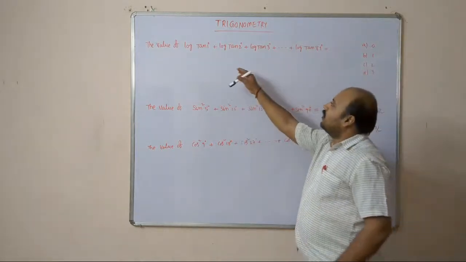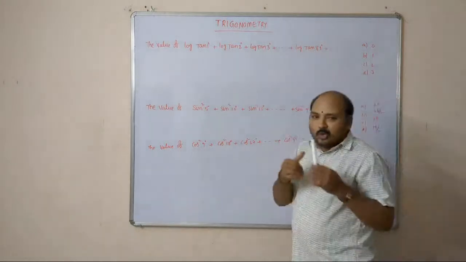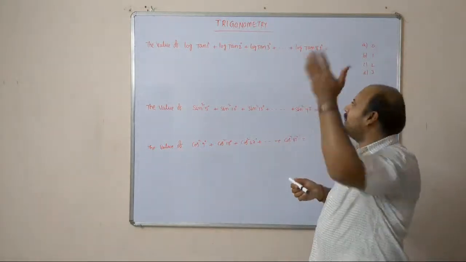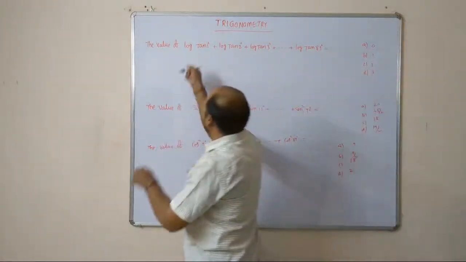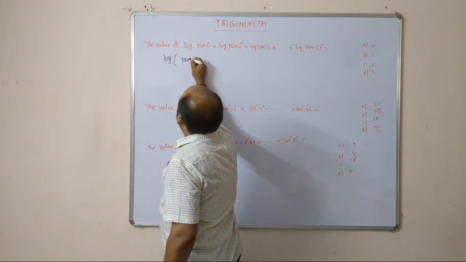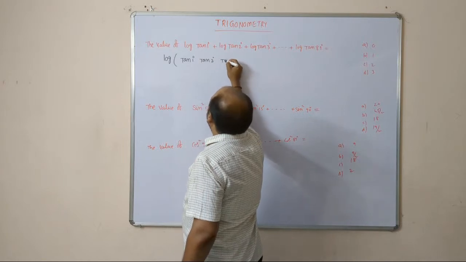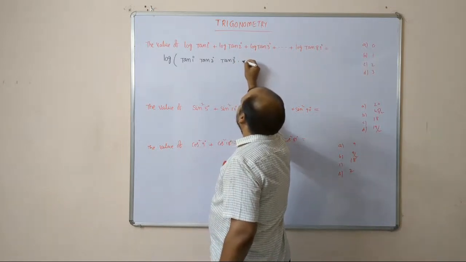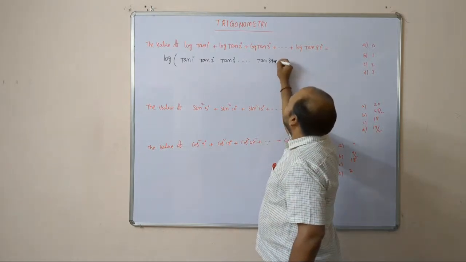The value of log tan 1 degrees plus log tan 2 degrees. We know that log A plus log B plus log C can be written as log ABC. Similarly, this can be done as log of tan 1 degrees, tan 2 degrees, tan 3 degrees and so on, tan 89 degrees.